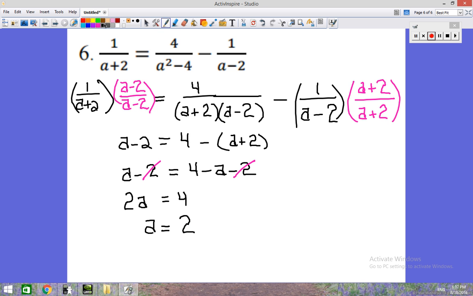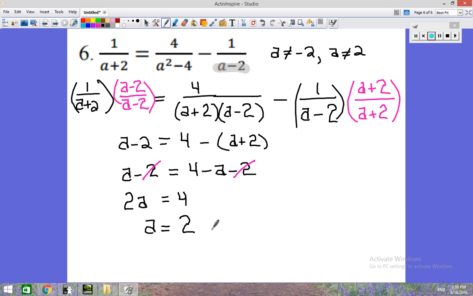But look at this. When I go to check my work, I knew at the beginning of this problem, right here when I factored this, I could have made the remark that a had better not be negative 2 and that a had better not be positive 2, because those would cause division by 0, and division by 0 is undefined.